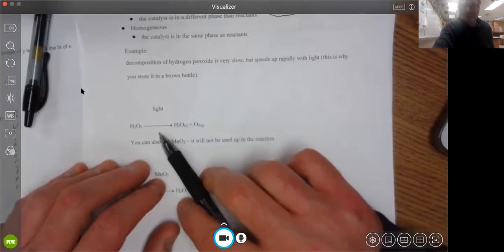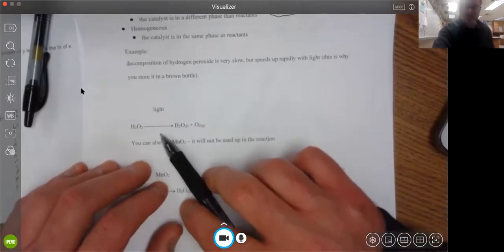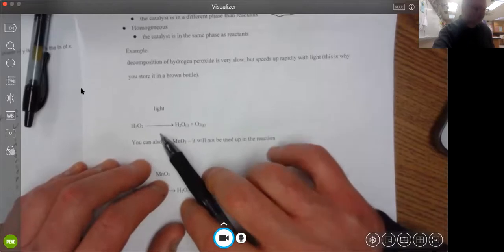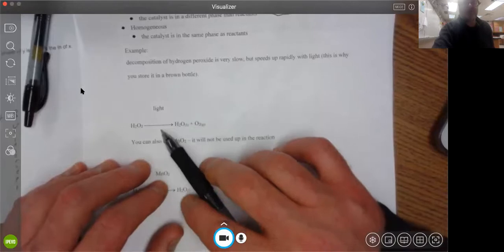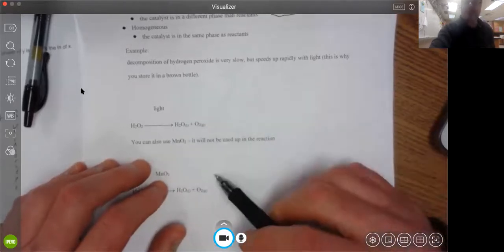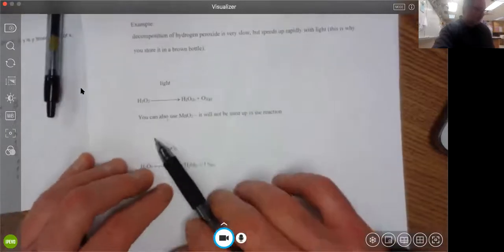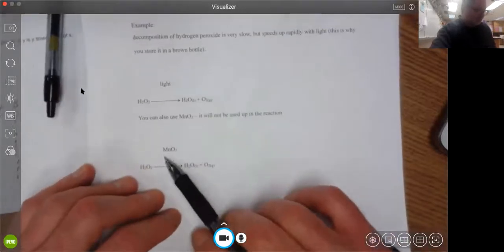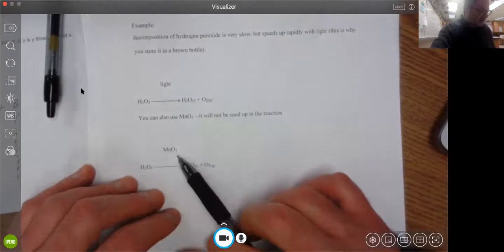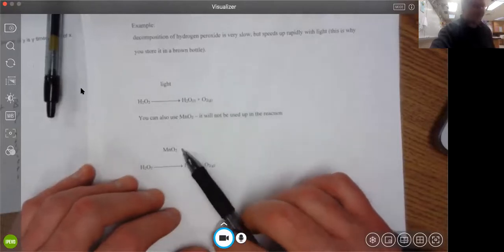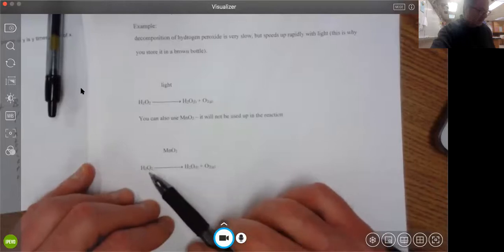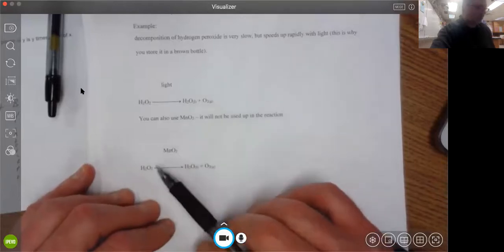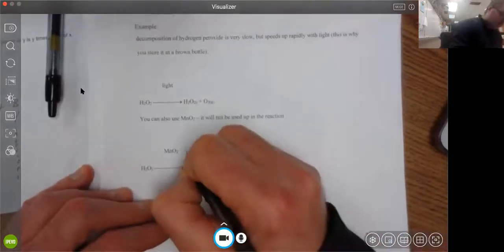If there's a dark bottle, usually there's a reason for it, because it's more costly to put something in a dark bottle. Usually that's because some type of chemical reaction could take place with light, breaking down something that you don't want broken down. You could also use manganese dioxide, or manganese 4 oxide. And since this is aqueous and this is solid, that would be a heterogeneous catalyst.